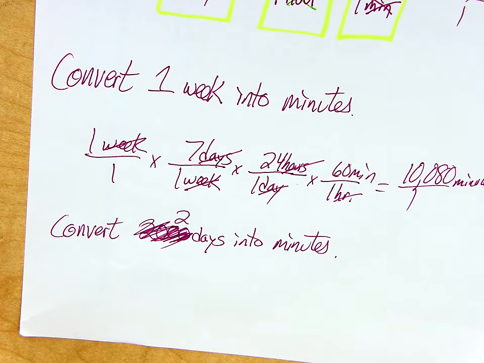You all right? Did you put what you started with over 1? Okay. So, in 1 day, there are what? Yeah, so there's your next fraction. 24 hours, 1 day. Then you're down to hours. Then all you have to do is get from hours to minutes.